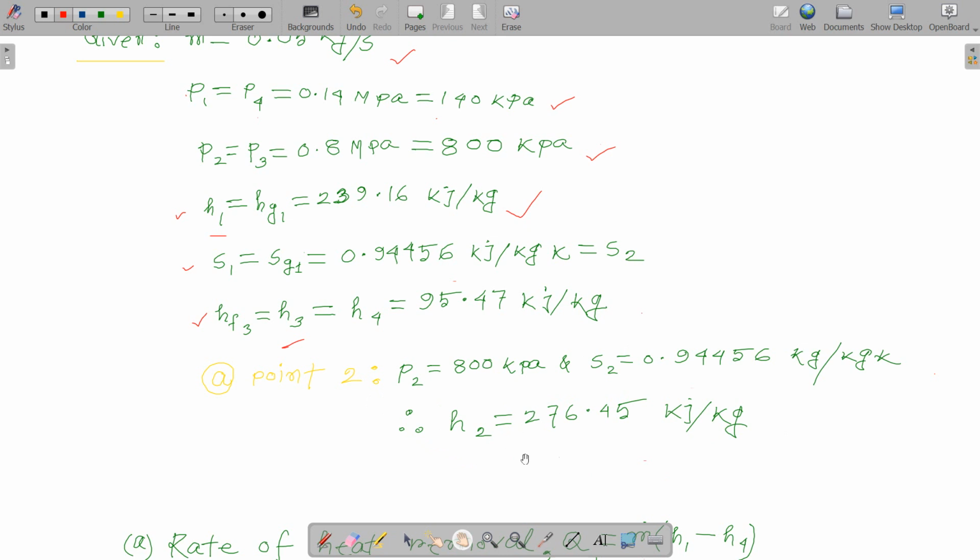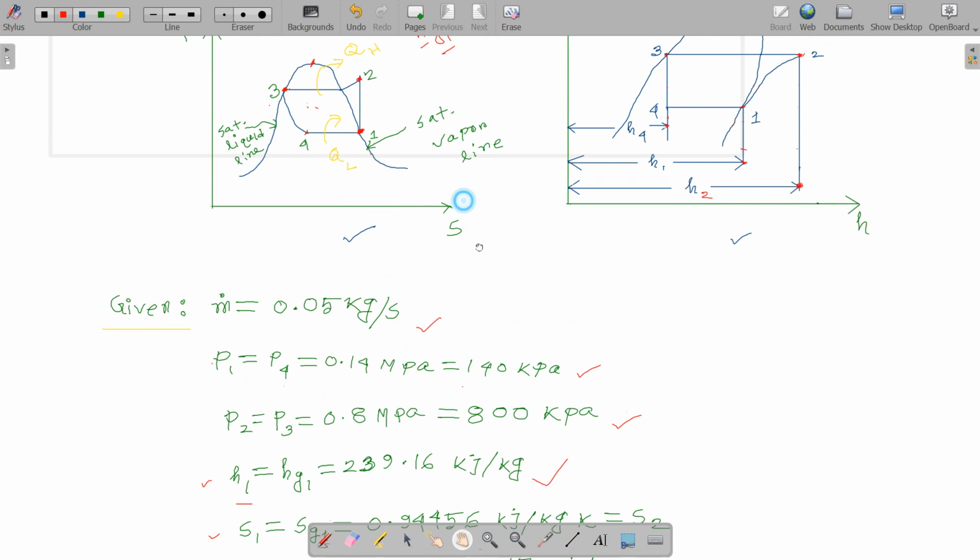Now we have to find H2. How can we find H2? So look at this. At point 2, we know the pressure is 800 kilopascal, and the entropy of point 2 is 0.9456. Just look at point 2, where it is.